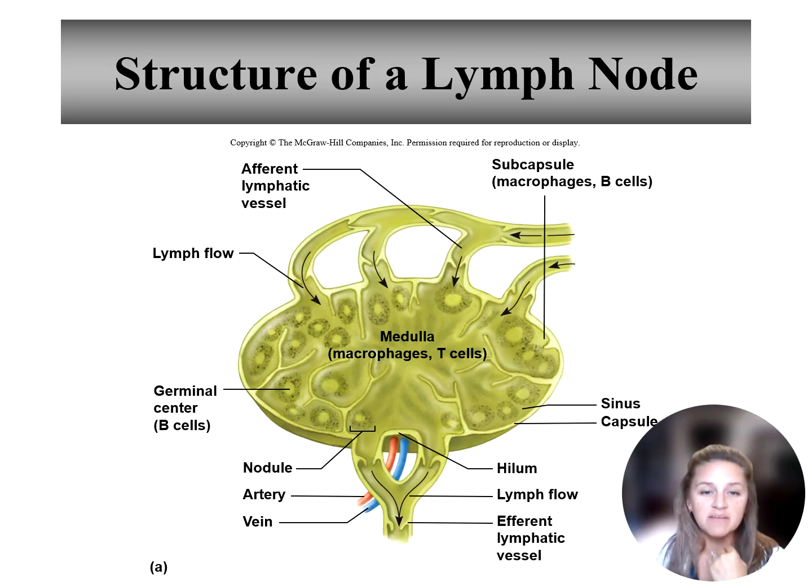And here we have macrophages, T cells, and B cells. A lot of the precursors to different types of immune cells are found here in the lymph nodes. So fluid and particles are being collected all throughout your body and brought to your lymph nodes, for your lymph nodes to decide, is this something that we need an immune response against?